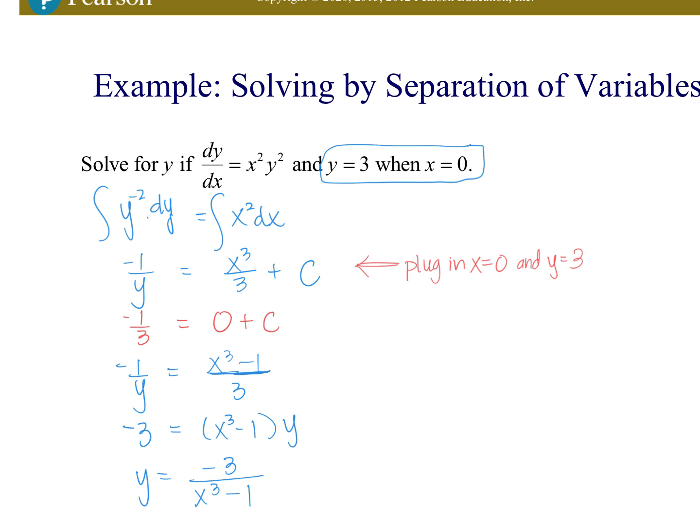I guess what I'm trying to help you avoid, let me back up a little bit here. Back when we were this way, I have seen students just simply try to flip every fraction upside down and think that they're going to get the right answer. So they flip this to negative y, they flip this to 3 over x cubed, and they flip that to 3 over 1.